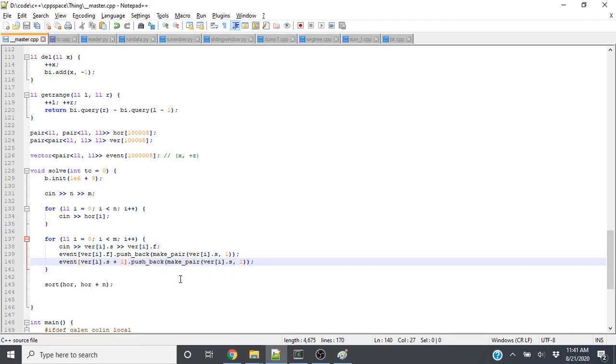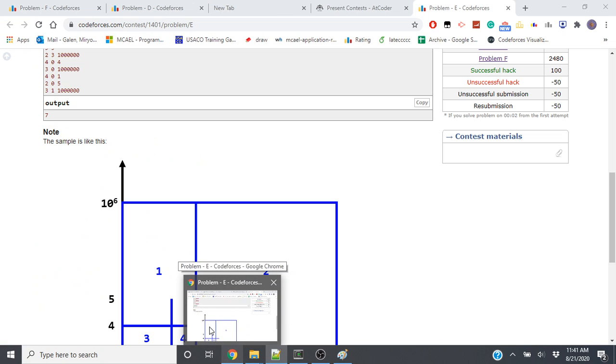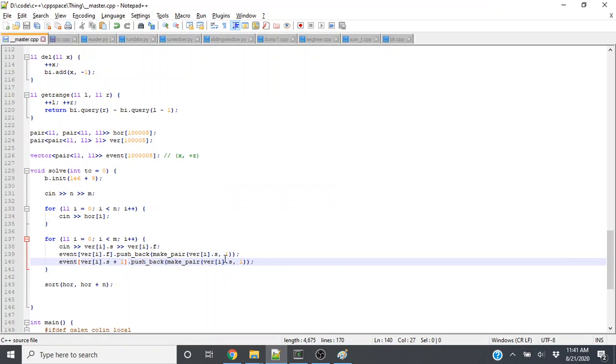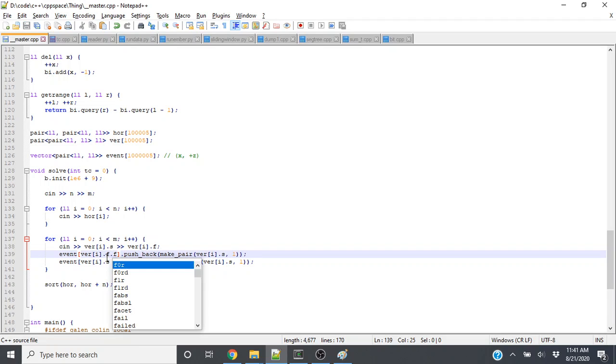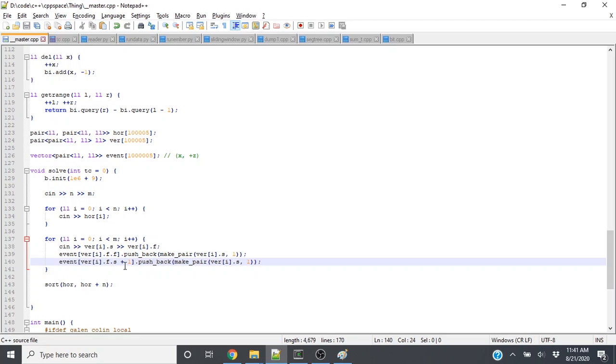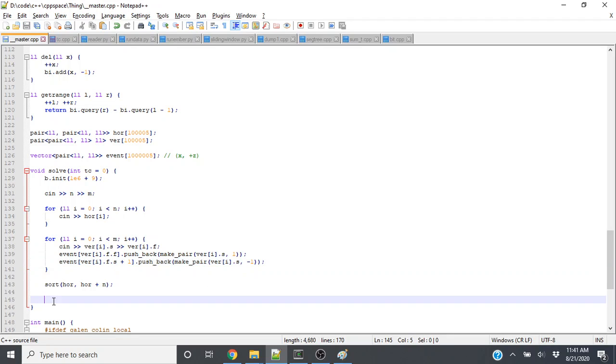Vari.s plus 1 dot pushback, make pair, no wait, vari dot first. This is the other thing about using pairs, and this is dot first dot second. It's the second y coordinate, and then we subtract 1 here. So then the LL point equals 0.